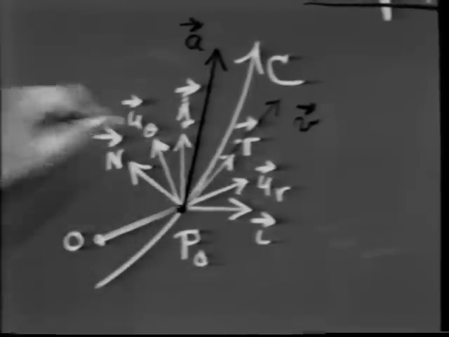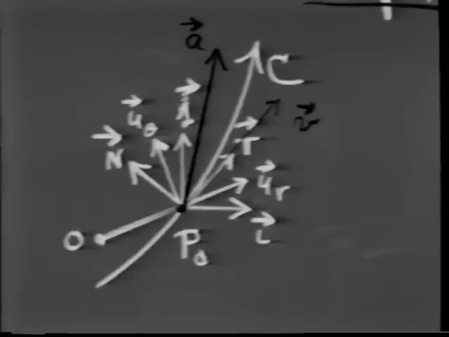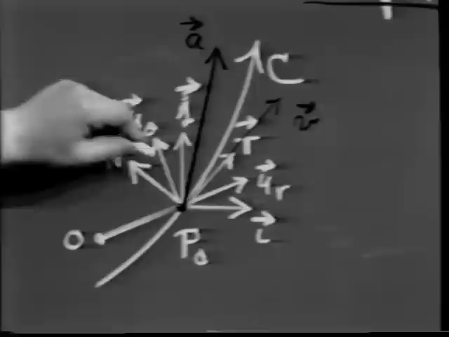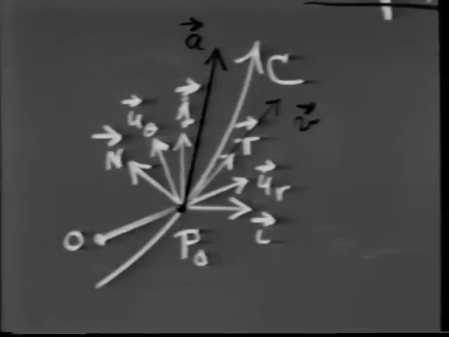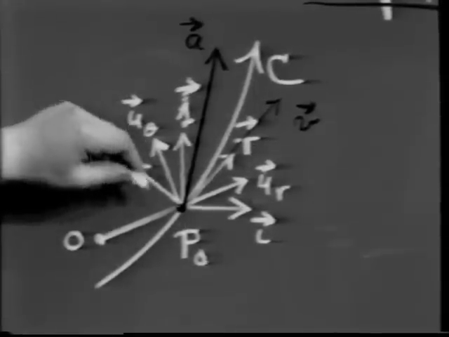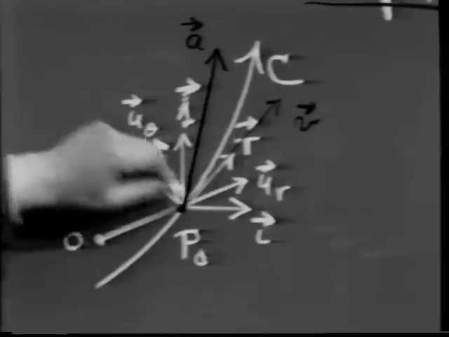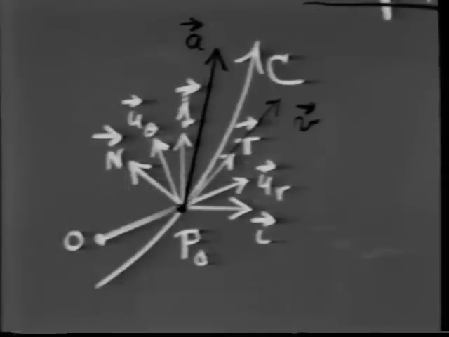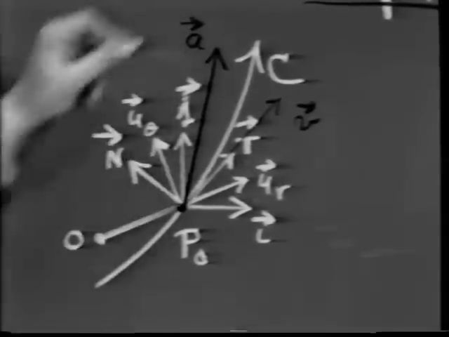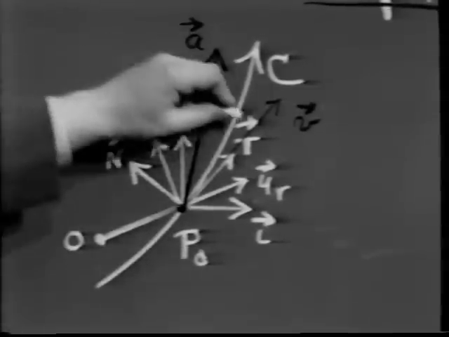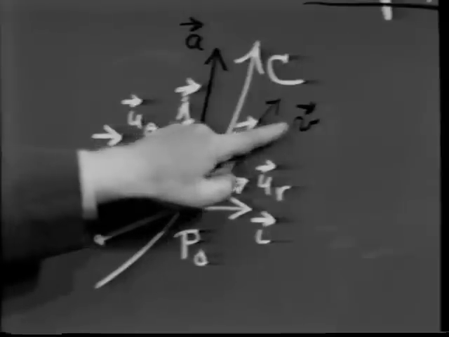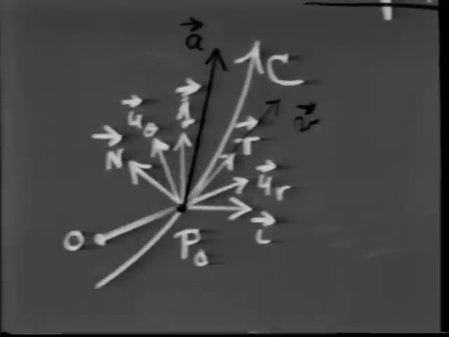And I can draw in t and n. Now, all I know is that if I have the velocity vector v, it must be tangential to the curve. Hopefully, by this time, we realize that the acceleration vector has no such restriction. Let's just draw in a v and an a, call these the velocity and acceleration vectors.